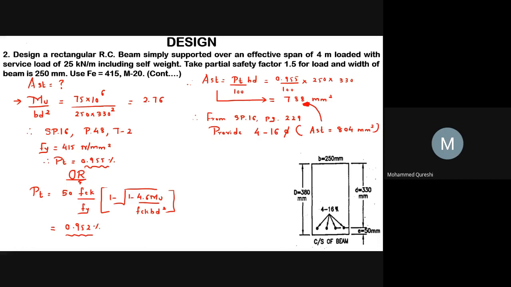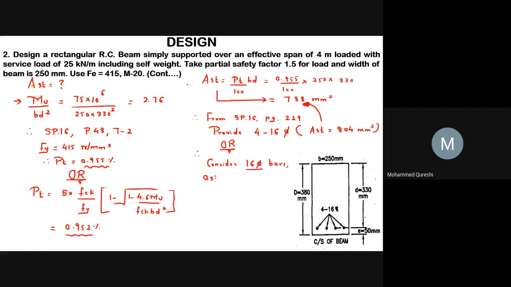Or you may consider, this is the another method, you have to consider dia of the bars. Here I am considering 16 dia.